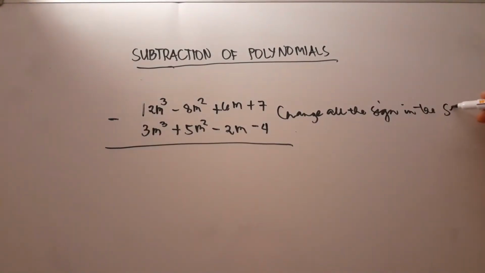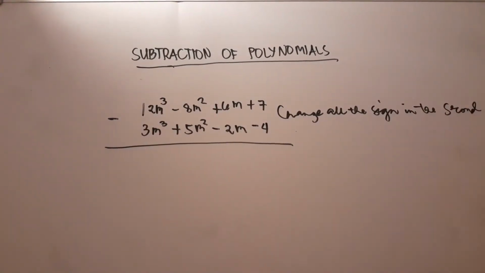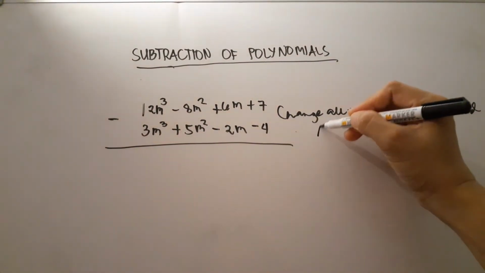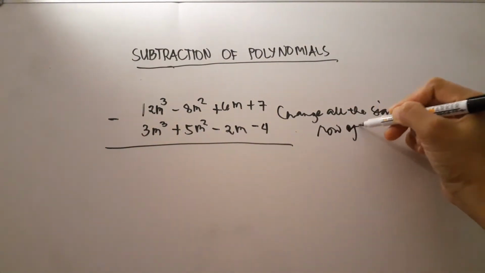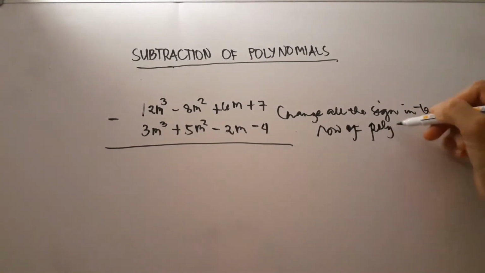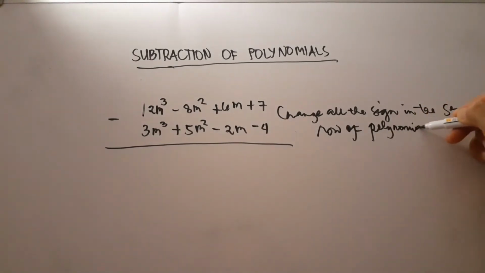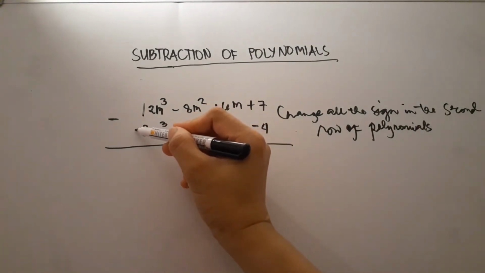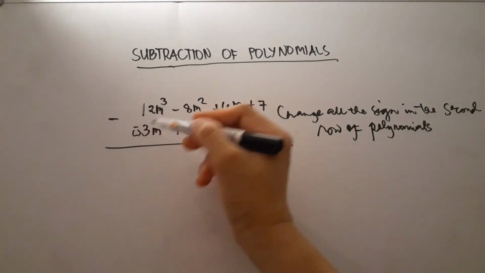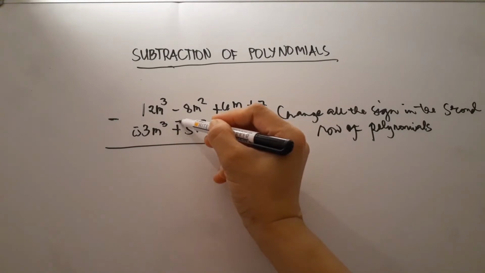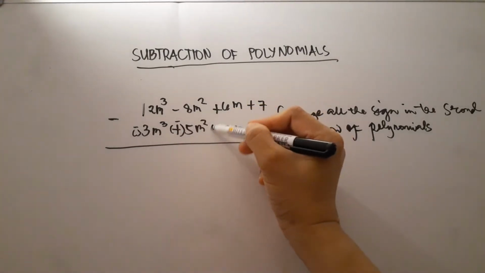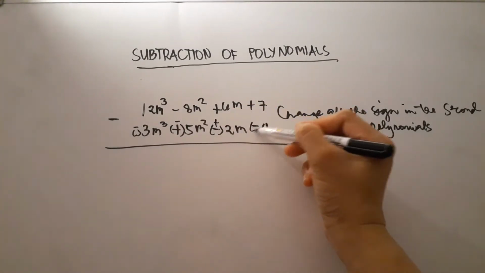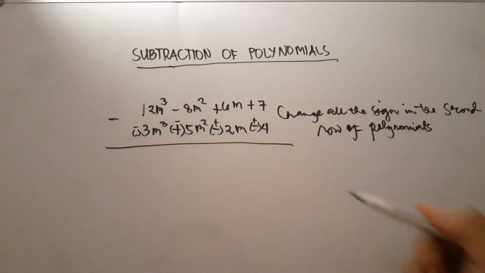And let's see, positive 3 becomes negative 3, positive becomes negative, and positive becomes negative, negative becomes positive, negative becomes positive.